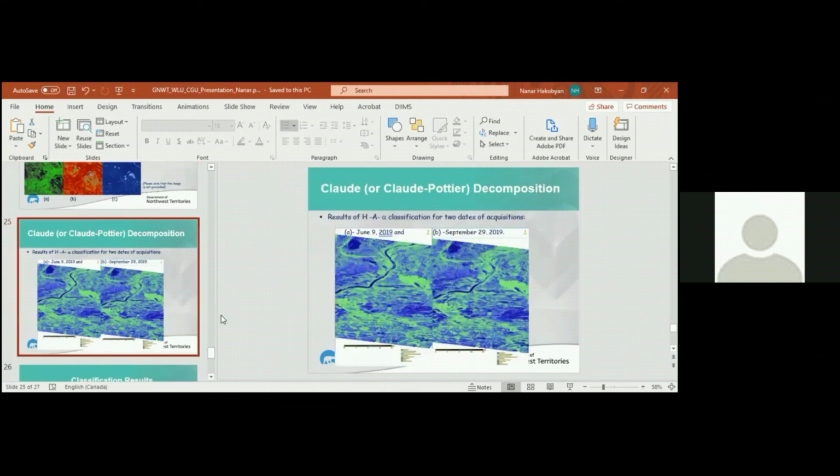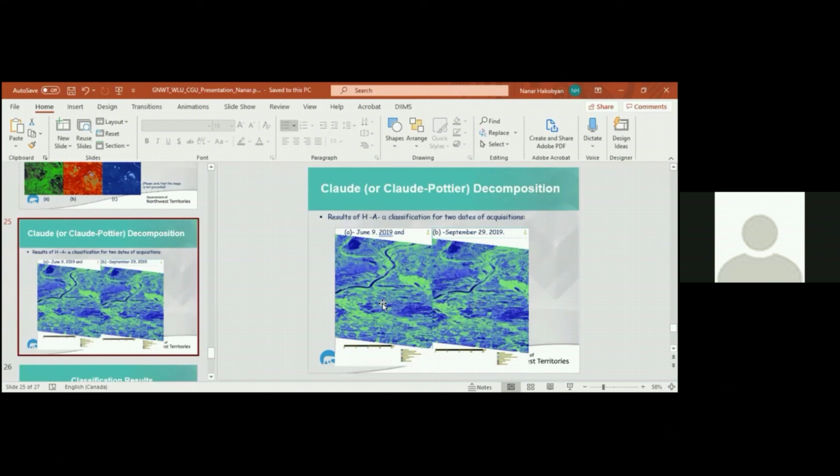And when we look at the actual results of this decomposition as classes, we can see the classes classify the radar image completely, like unsupervised classification, for the 2 dates, June 9 and September 29.